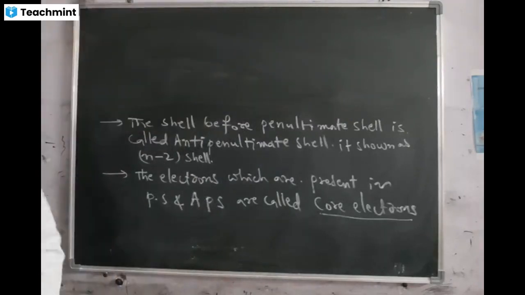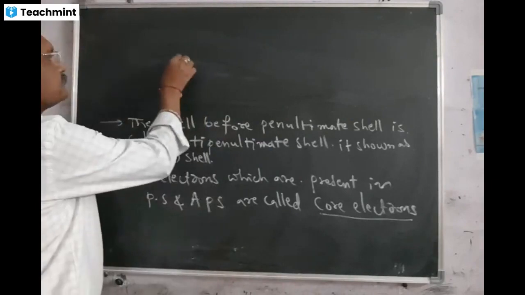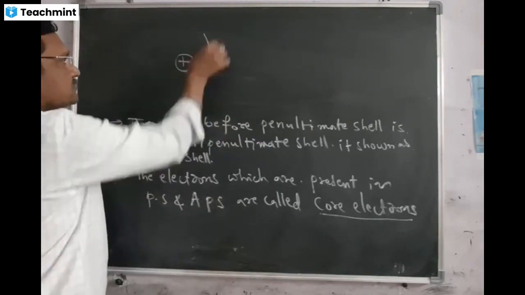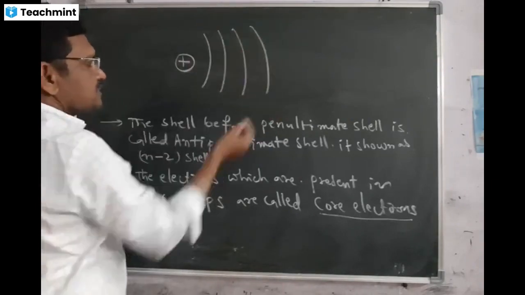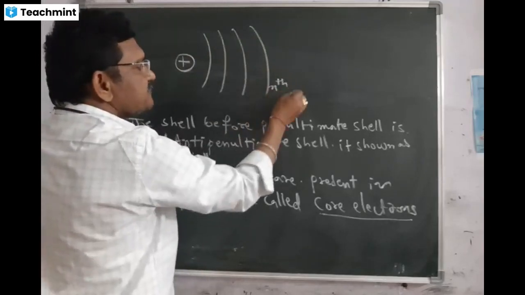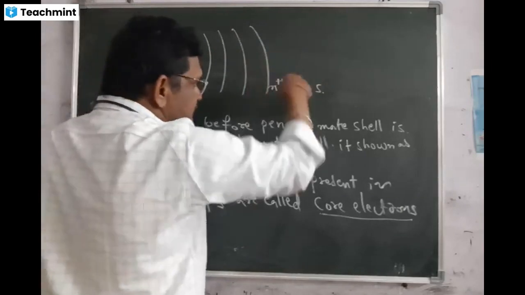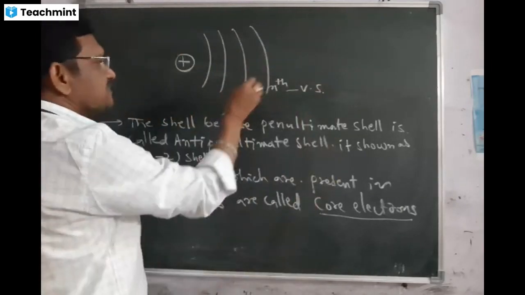Okay, for your clear understanding, once again, I give you the atomic structure. See, the nucleus. The last cell, the nth cell, is nothing but the valence cell. So the electrons present in the valence cell are called valence electrons.